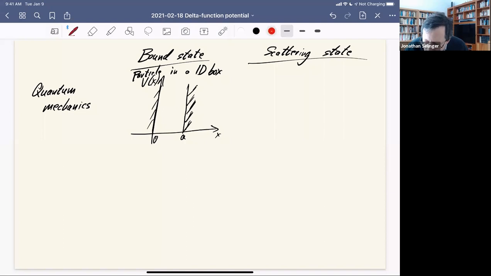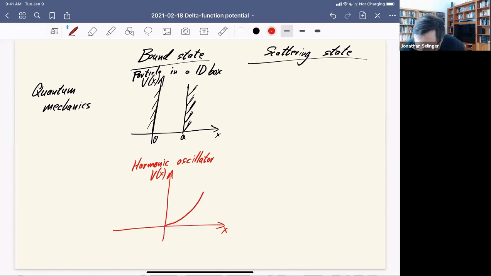Okay, now how about a harmonic oscillator? That one has a potential energy V of X that is a parabola like this, something like that.